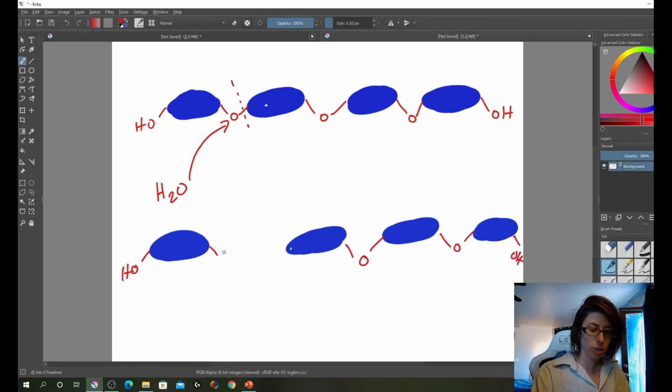So one of these hydrogens from the water is going to attach to the oxygen that will stay there. And then we have carbon here, right? So that bond was broken. The bond between this carbon and this oxygen was broken. So now we can have space to insert the remaining OH. So this was 2 H's.